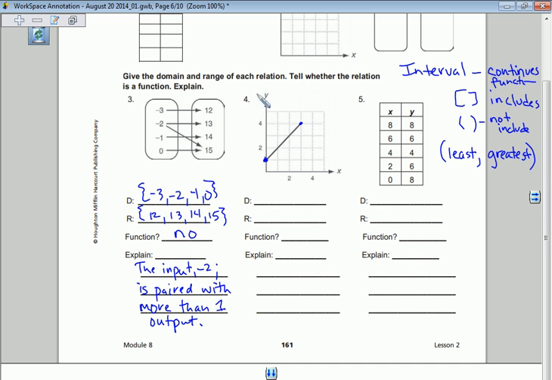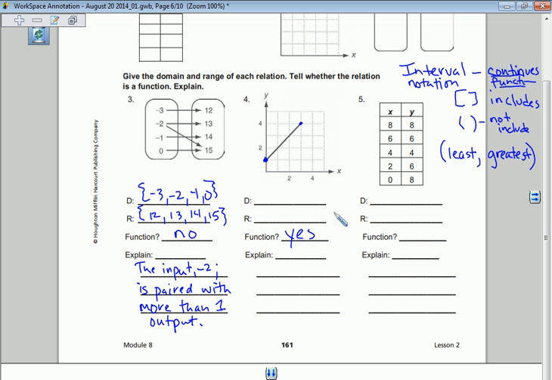Okay, number 4 is a graphical representation of a relation. So do the vertical line test. Does it ever pass through more than 1 point? So is it a function? Yes. Now, these are not discrete points. This formed a line. It's continuous. And whenever we have a continuous function, when we describe the domain and range, we're going to use what's called interval notation.